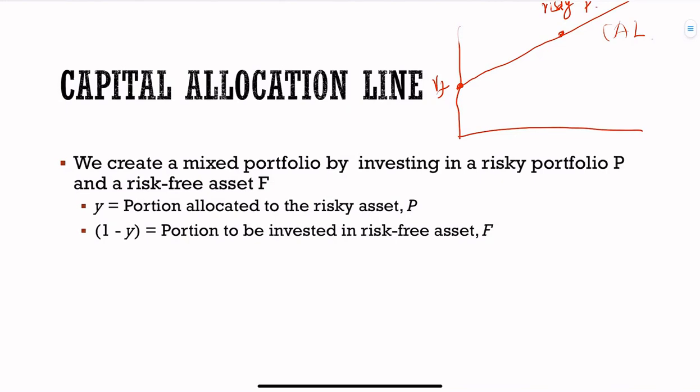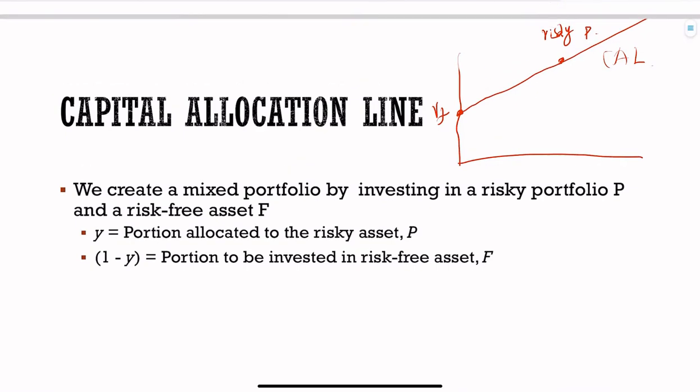Okay, so now we want to create a mixed portfolio by investing in the risky portfolio P and risk-free asset F, right? So basically, we have F and P. And now we want to invest in both P and F. And we call this combined portfolio a mixed portfolio, right?